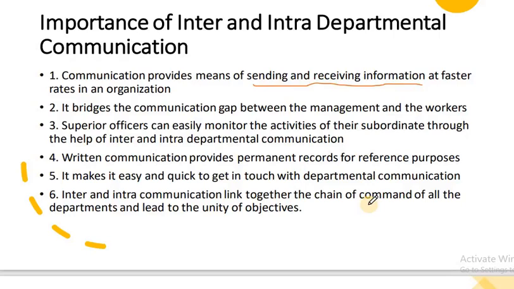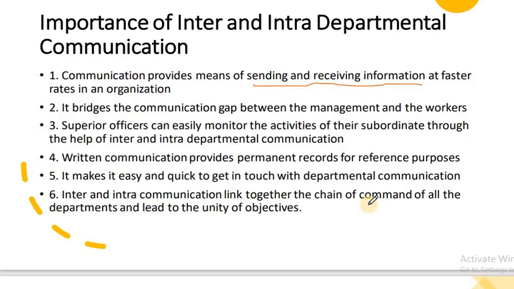Then number four, written communication provides a permanent record for reference purposes, by the ability to write something down and keep it for reference between inter and intradepartmental communication.